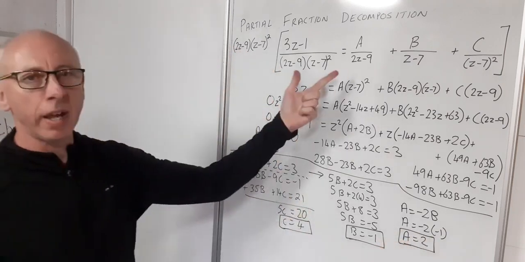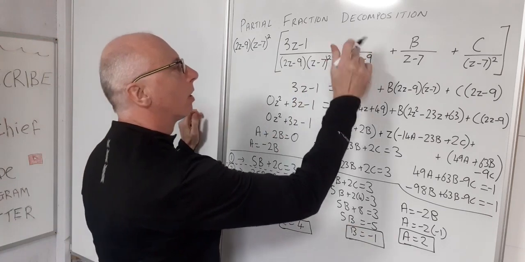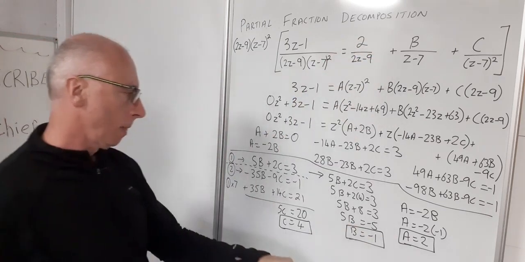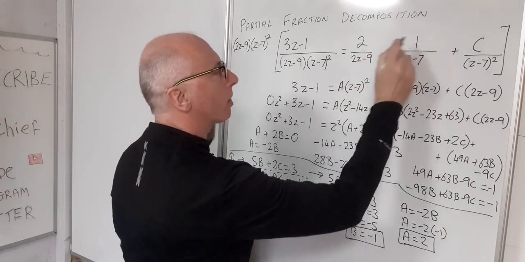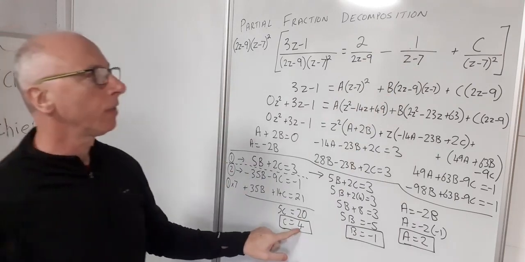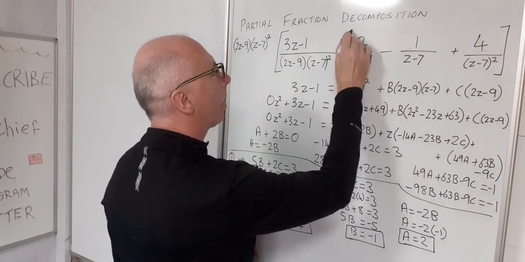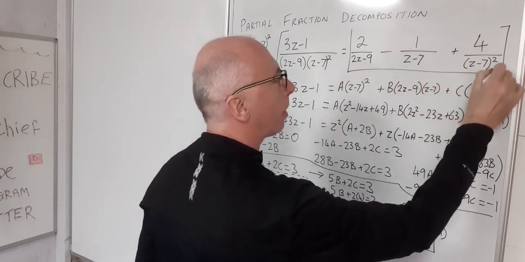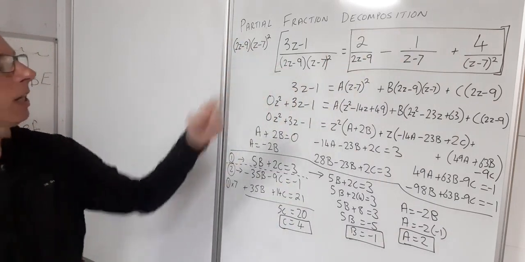So plug that into my building blocks. a equals 2, that's taking care of that. b is minus 1, so I'll put a 1 there, change the sign. And c equals positive 4. Change that c to a 4. And that is my partial fraction decomposition of this expression here.